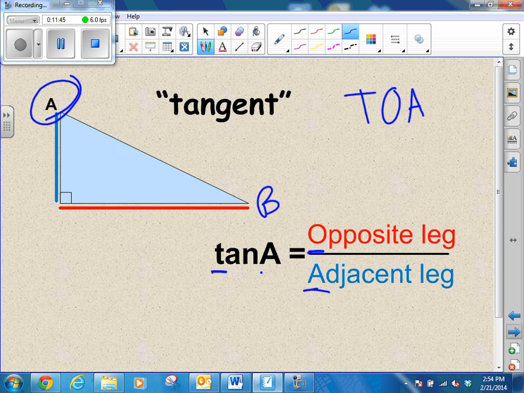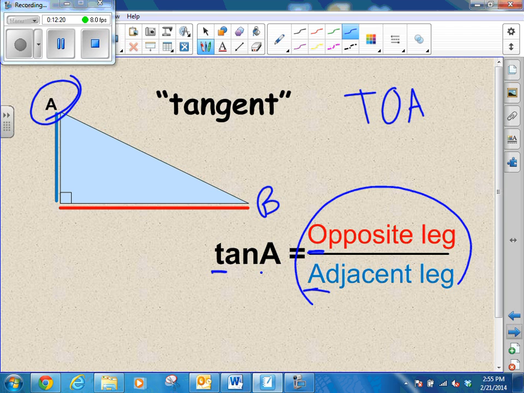Okay, so I have a question. What do you notice? How many things, and what are those things, have to go into our trig equation? I have 3 things. What are those 3 things that I have to have in my trig function? Yeah, I have to have some sort of ratio there, dealing with my opposite, my adjacent, and my hypotenuse.